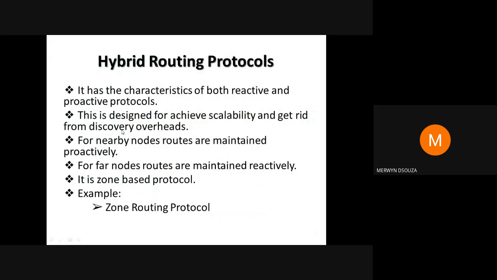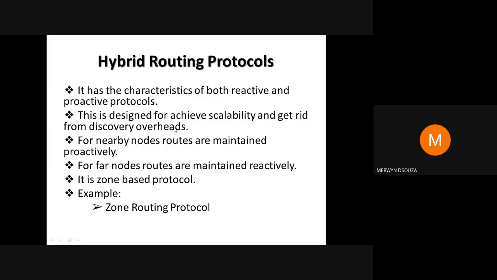Basically they are designed for MANETs that have a lot of nodes. So it is highly scalable, and we also want to reduce the wastage of bandwidth due to route discovery messages. For those kinds of networks, these hybrid protocols work very well.